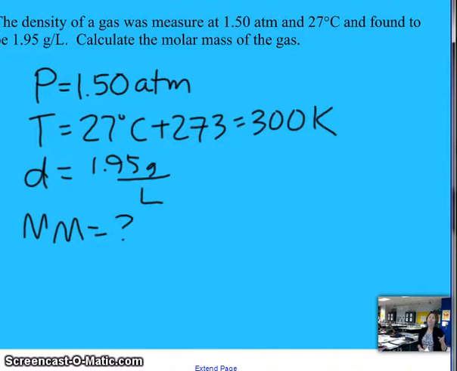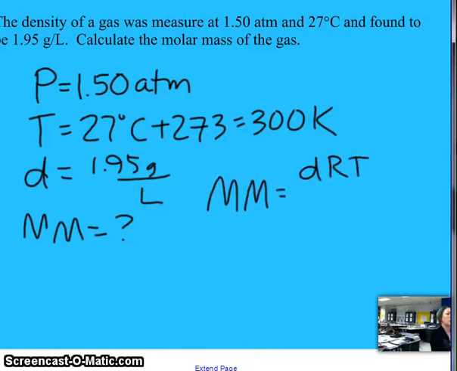So this equation that relates molar mass to density is not given to you in your AP tables. It's one I would recommend you commit to memory so that you don't have to go through that very long derivation that I just showed you on the last page. So just remember, molar mass is dirty P. dRT over P. So we have our density, 1.95 grams per liter.